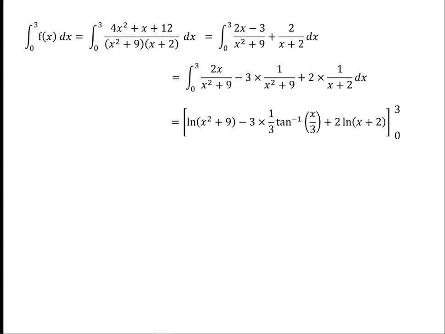So the integral of 2 times 1 over x plus 2 is going to be 2 times the logarithm of x plus 2. So my integration of f of x is logarithm of x squared plus 9, take away tan to the minus 1 of x upon 3, plus 2 times the logarithm of x plus 2.